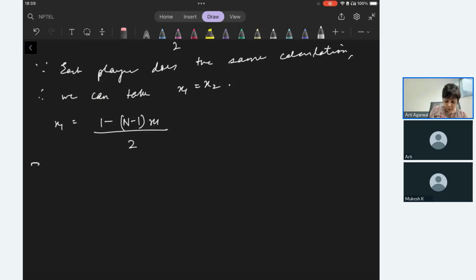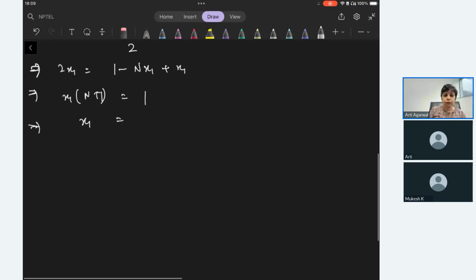Let me just write it. 2x1 equals 1 minus n x1 plus x1. So x1, this comes this side, (n plus 1) x1 is equal to 1. x1 comes out to be 1 upon n plus 1. This is x1, and this is also x2. This is the strategy of all the players.